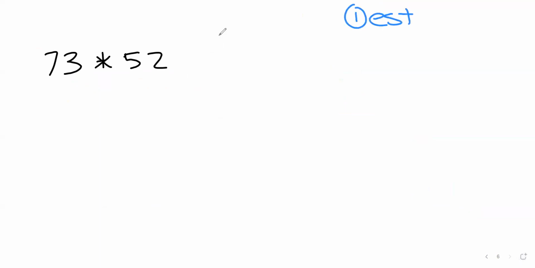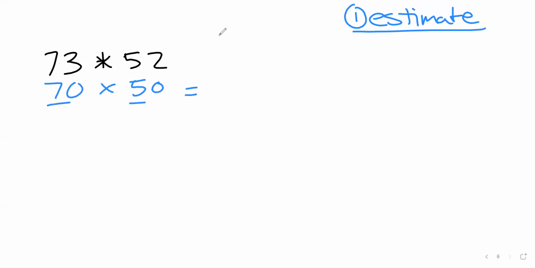Okay, next problem. So again, a 2-digit times a 2-digit problem. Let's take 73 and 52. Remember, step 1, the first thing I'm going to do is estimate this. Watch what happens. This rounds down to 70. This rounds down to 50. 7 times 5 is 35. 1, 0, 2 zeros.